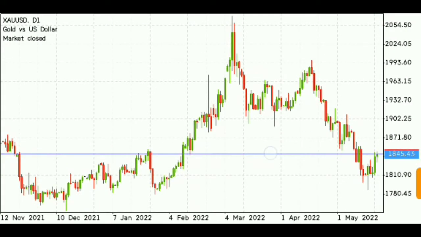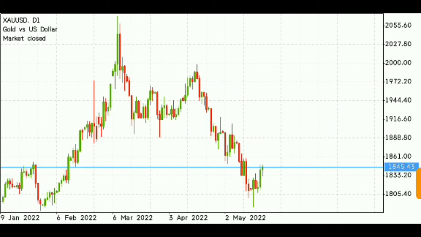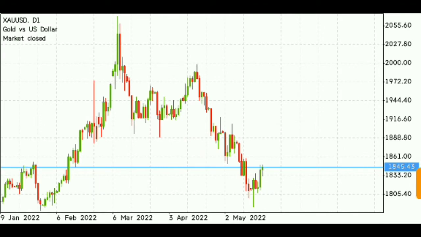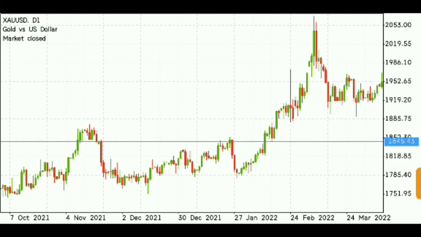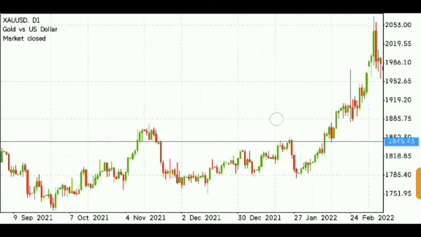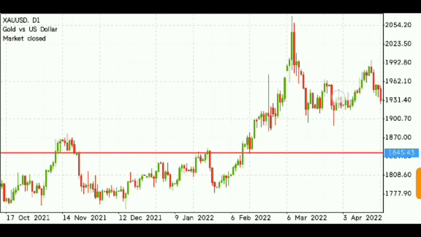This is your Forex chart, and like I said, I'll be teaching you about resistance and support today. I'll try as much as possible to be quick about this and to simplify it. I want to teach you how to note your key resistance and support zones.